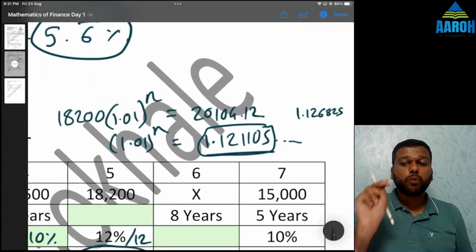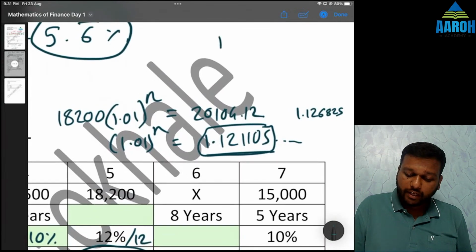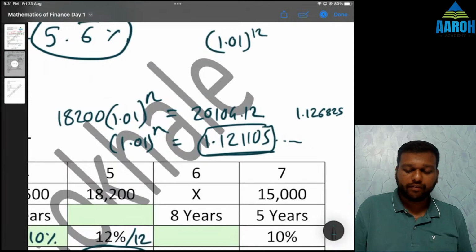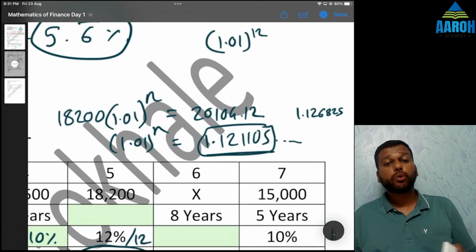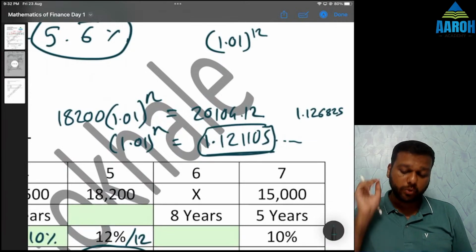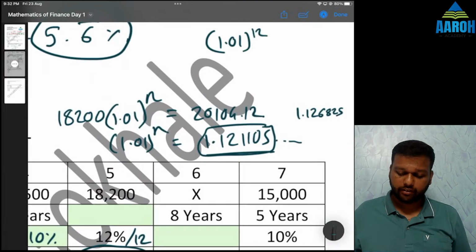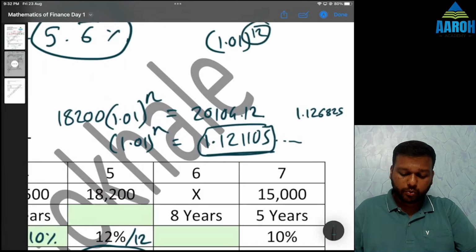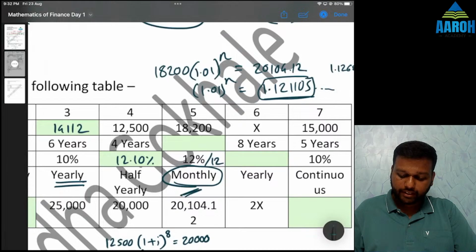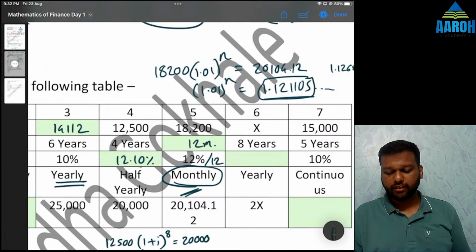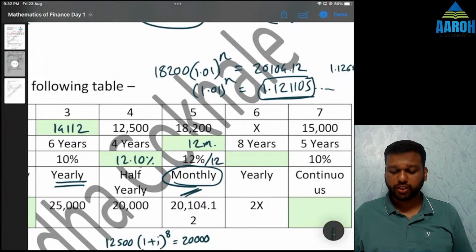If we are pressing equal to 11 times, that means it must be 1.01 raised to 12. Why? Because when we want to do 1.01 raised to 12, we just do into and then equal to, 11 times. So n is 12, which is 12 months. So 12 months or 1 year will be the correct answer for situation number 5.